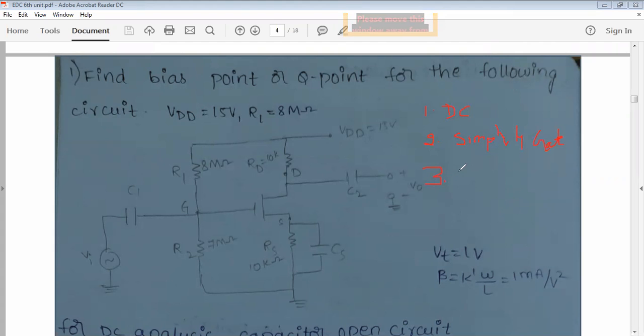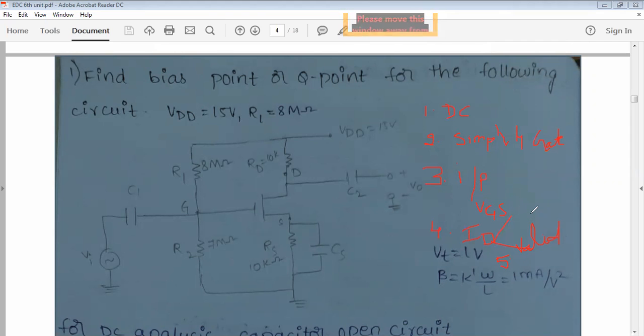And third one is apply KVL to input loop. Derive the expression for VGS. Then fourth one, substitute the VGS value in ID equation. And fifth one is validate current. Okay, you got two current values, validate current.